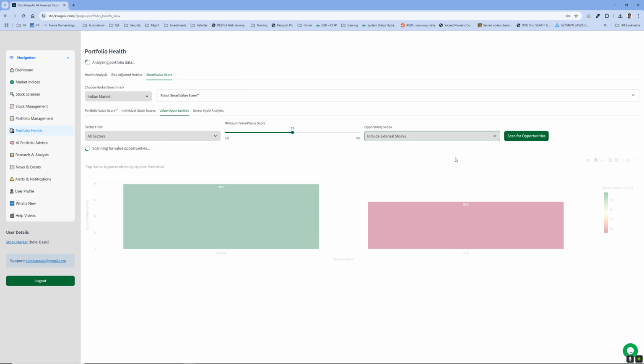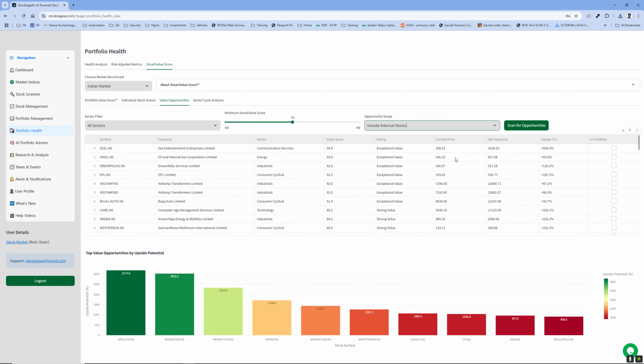This scan will take a certain amount of time because numbers keep on changing on a daily basis for each stock, and the system does it against your specific portfolio. So it will try to bring certain stocks which will be more aligned to how your portfolio is built, and on the basis of that it will provide you more opportunities which can help you increase the overall smart value score as well.